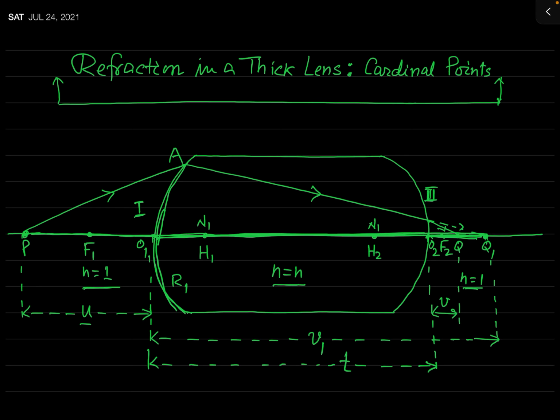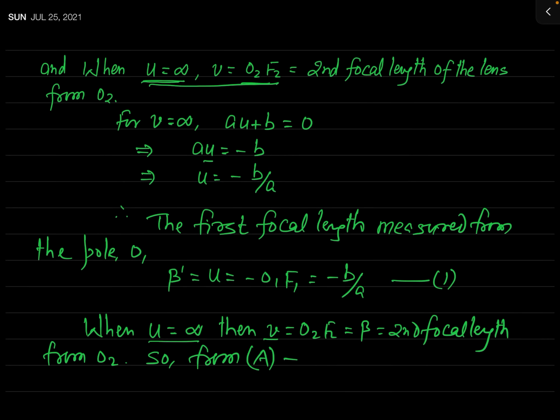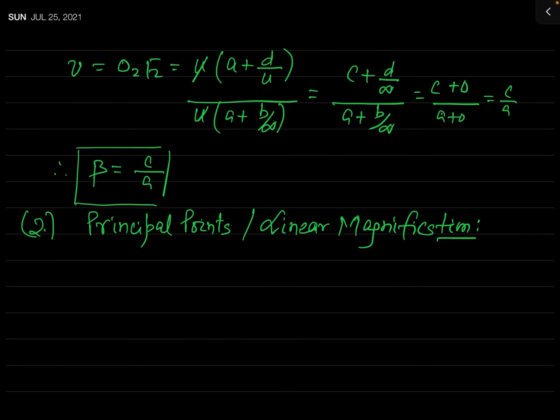So after getting the values of individual images, we will simply multiply those magnifications to get the overall magnification. For this, let us consider that M1 and M2 are the linear magnifications at the first surface and at the second surface.